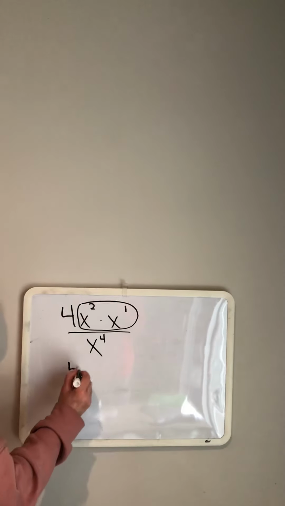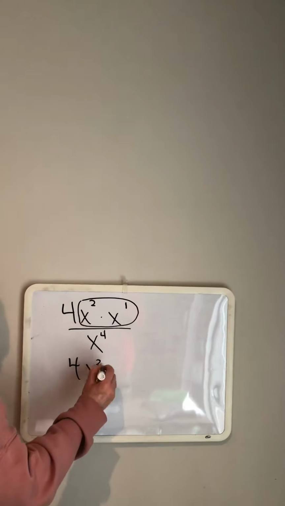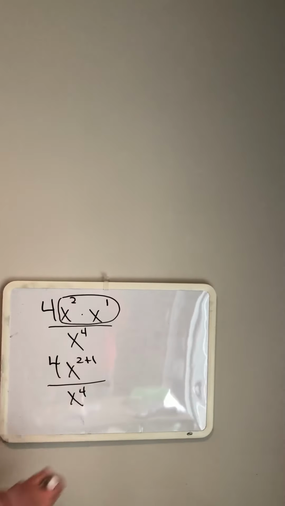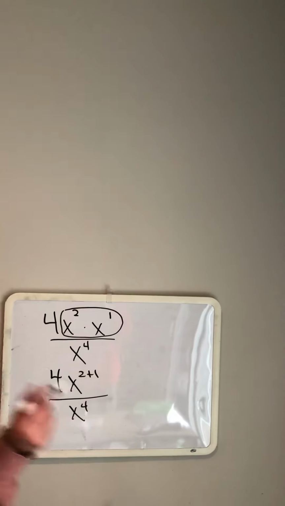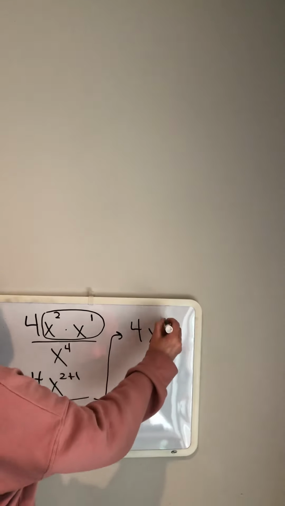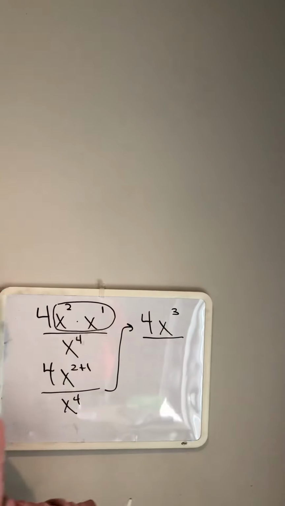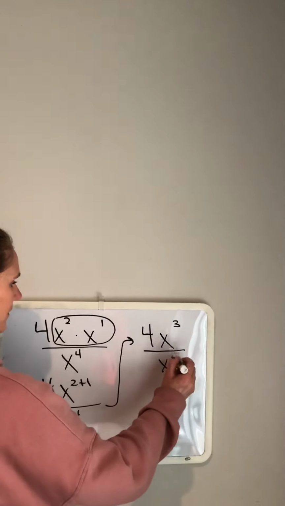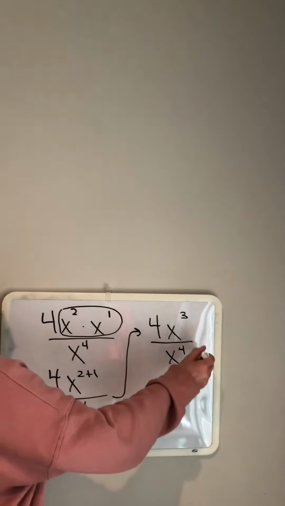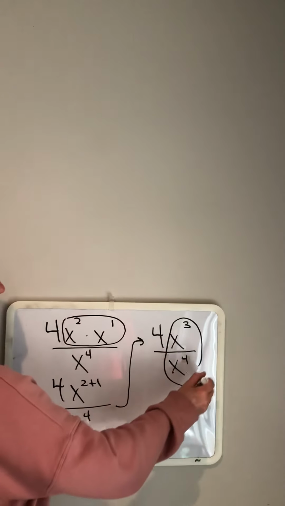So you're going to have 4x to the 2 plus 1 over x to the 4th. 2 plus 1 is 3. So now you have 4x to the 3rd over x to the 4th. Now you notice that you have 2 of the same bases being divided.